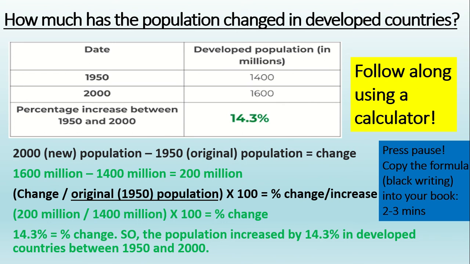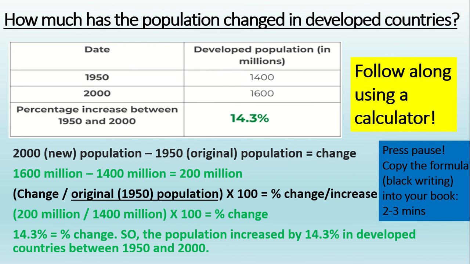So not the percentage increase yet, that just tells us the change. So the sum is going to be 1600, which is 1600 million, remember this is in millions, minus 1400 million. And that means we get 200 million. I can tell that anyway without really needing a calculator. So the population change is 200 million.